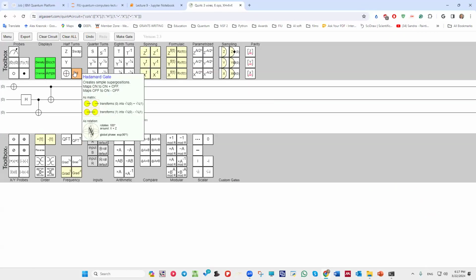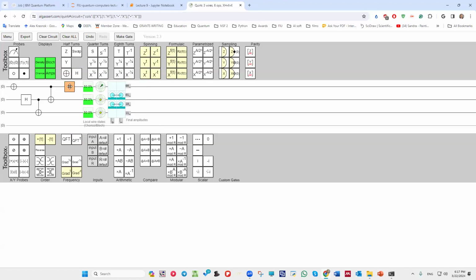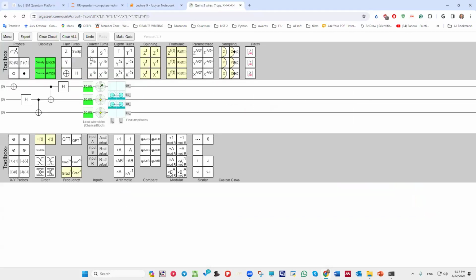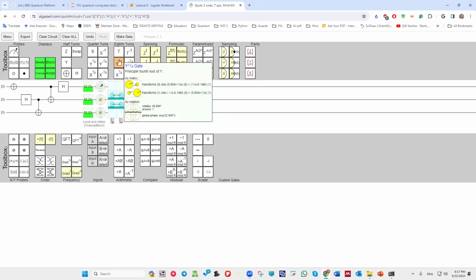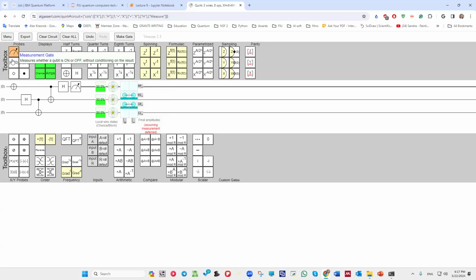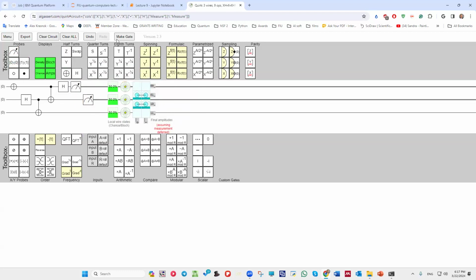And then she needs to measure her qubit in the plus-minus basis. That's why she needs to apply this Hadamard gate here, and then she needs to measure her qubits, qubit 1 and qubit 2. Okay.